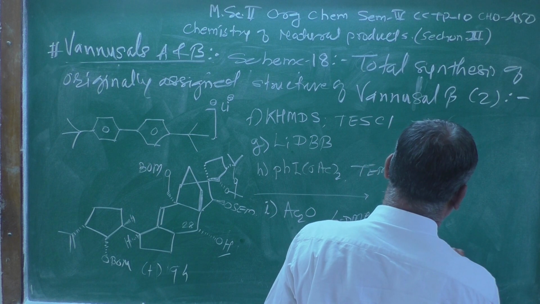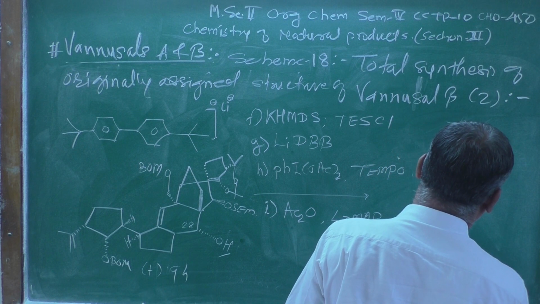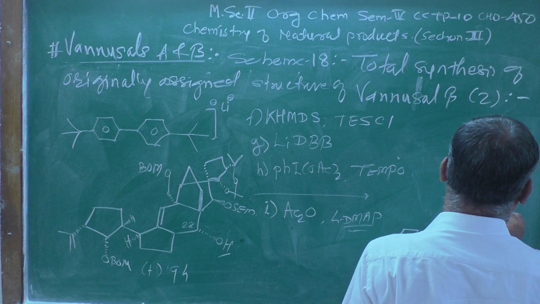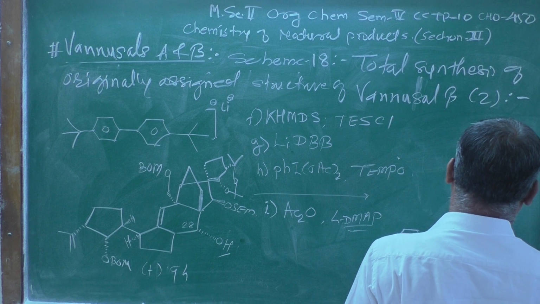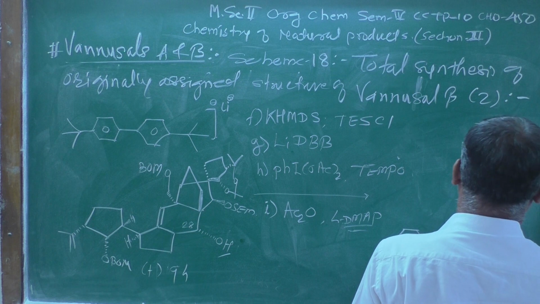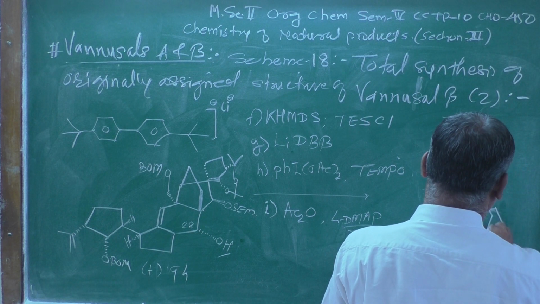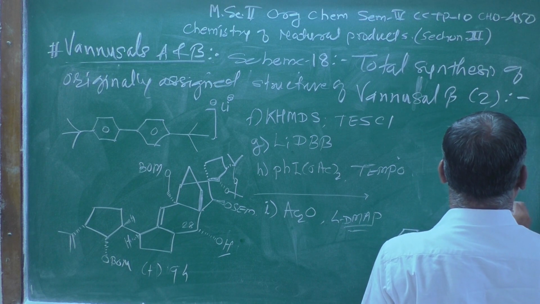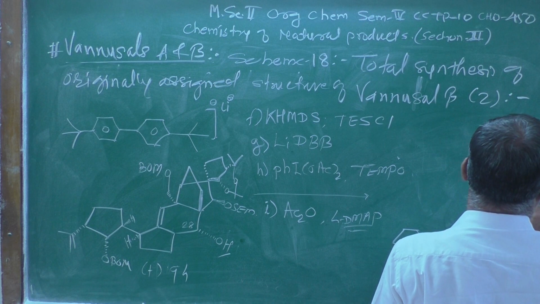You can see here, this is a 5-membered ring further connected with another 5-membered ring, another 6-membered ring, and after that a 5-membered ring jointly connected with another 5-membered ring, and then another 5-membered ring.